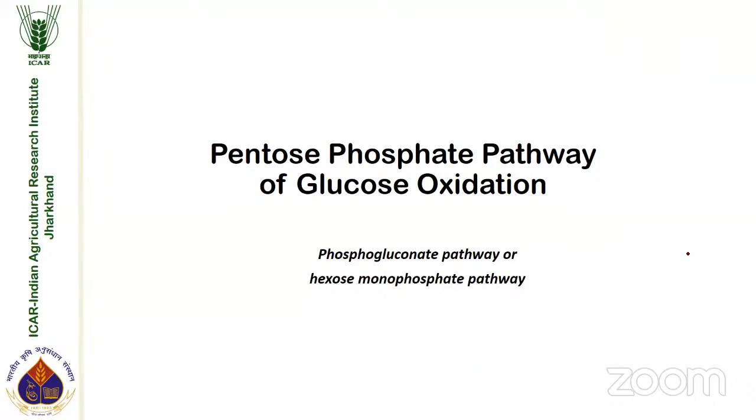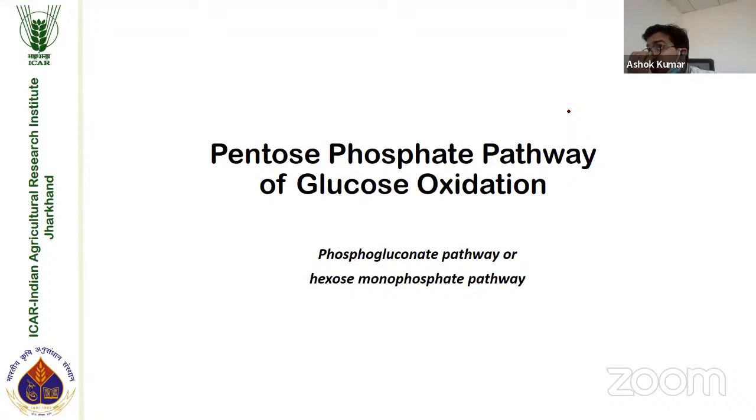Yes. So again, the pentose phosphate pathway is the third pathway, another biosynthetic pathway. As the name suggests, here we also have oxidation, and that is performed only in specific cells.